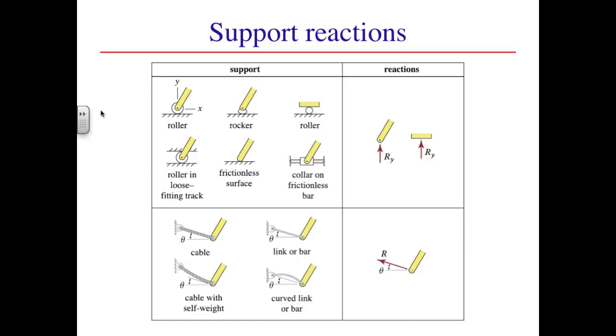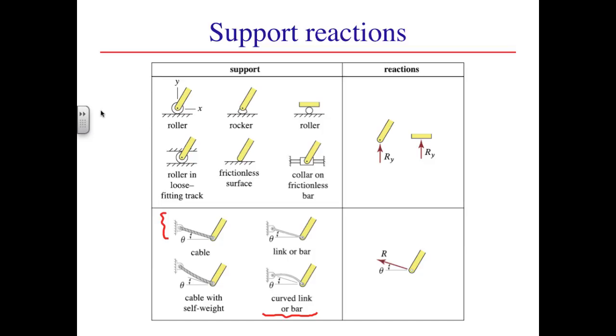The cable with negligible weight is one we've seen many times in our particle equilibrium problems, and this really doesn't require any additional explanation. What does merit additional explanation are the 2 short links shown on the right of the bottom 4 icons. It isn't explicitly stated here, but we're assuming their weight can also be neglected.